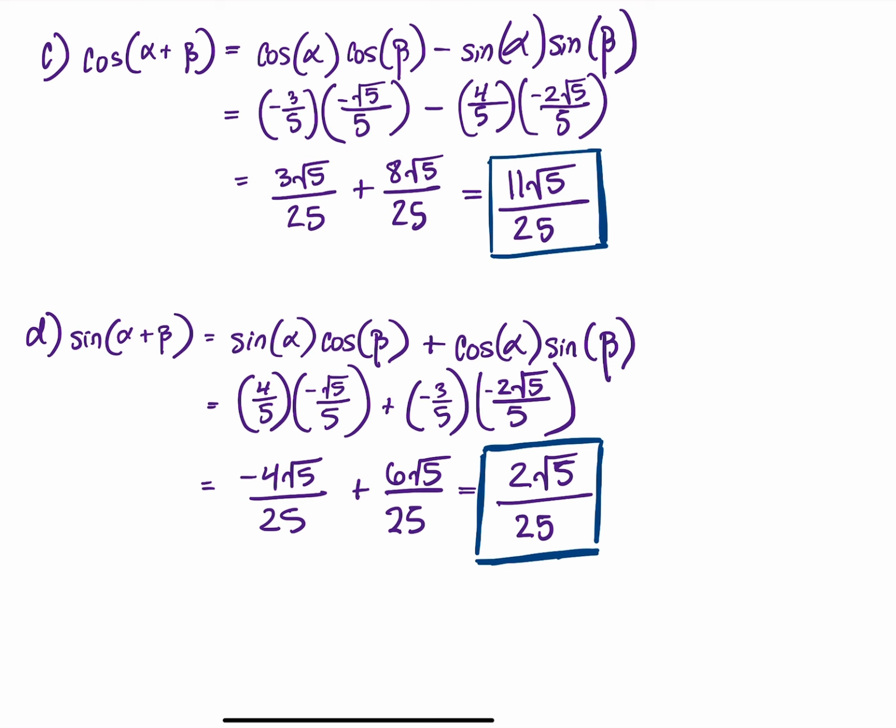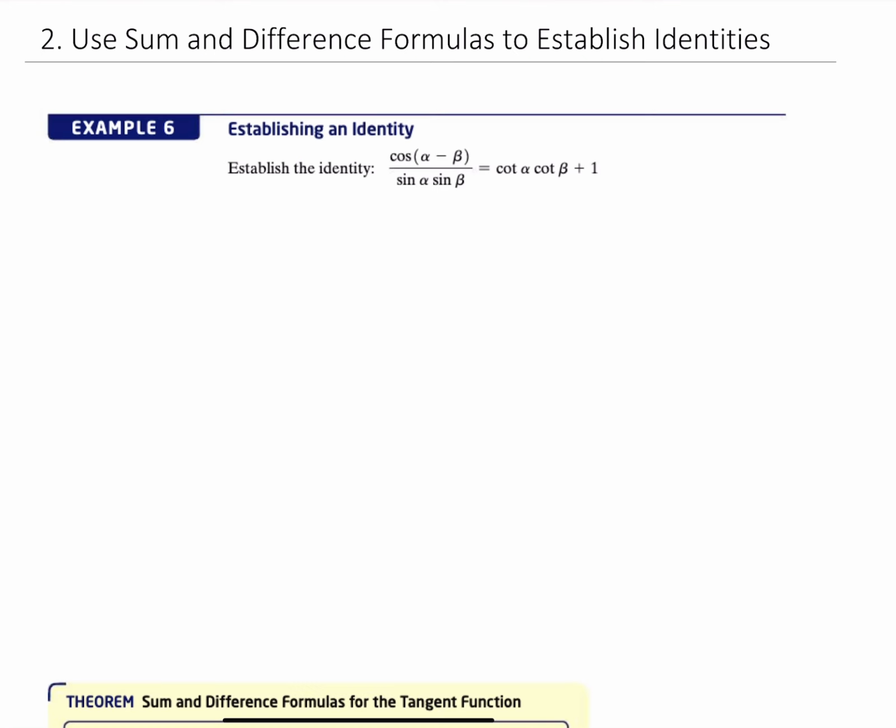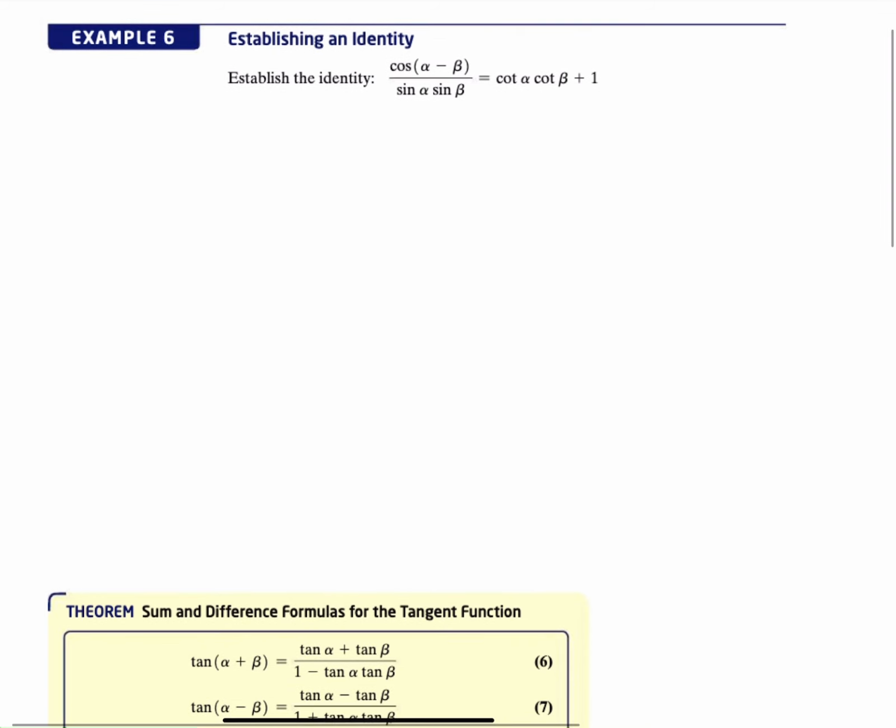All right, so let us practice using these identities in order to establish some other identities. So let's take a look at what they're giving us here. It says establish the identity cosine alpha minus beta over sine alpha sine beta.